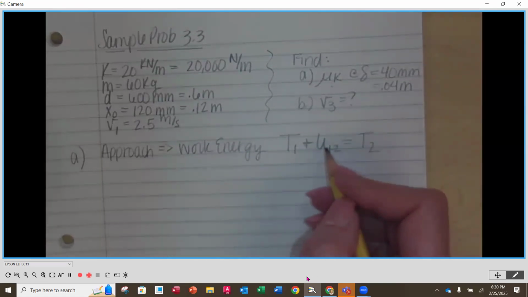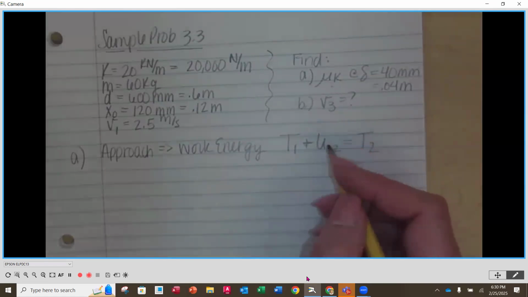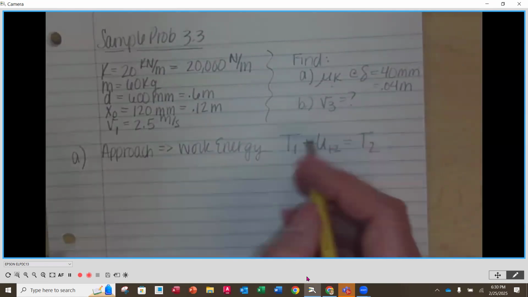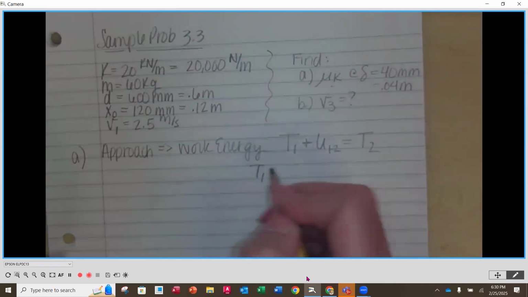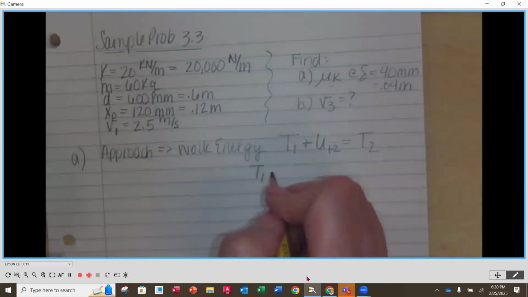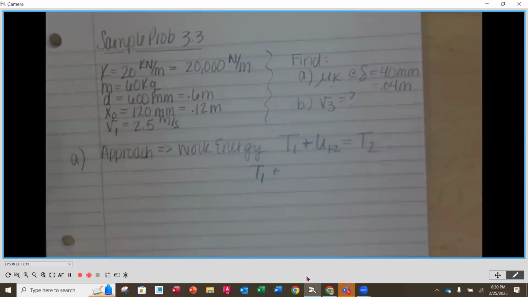Now, because of what's at play here, we have a couple things that we need to do. I'm going to expand out my work energy theorem. I'm going to say T1, which is our kinetic energy 1, plus the work, which I'm going to break into the work from the friction force, because the friction force is causing negative work. It's taking away from the motion in that direction.